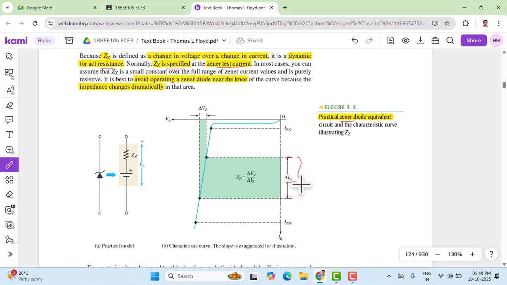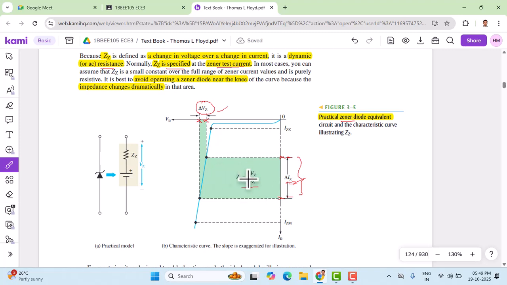Correspondingly, if you extend it to the negative x-axis, this gives me this voltage, and the change of current to the lower level gives me another, more negative voltage. So this gives me delta VZ, and if you take the ratio of delta VZ to delta IZ, that gives me the Zener impedance.